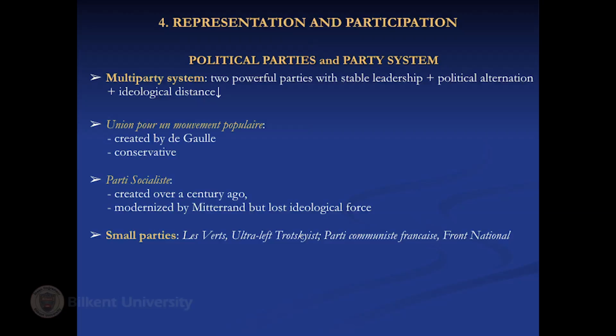So both organs of the state had been dominated by the predecessors of UMP, right-wing coalitions. The Parti Socialiste had not been able to gain control of either of the two organs of state. So no president came from the Parti Socialiste until 1981, and the legislature had not been dominated by the Parti Socialiste until the 1980s.